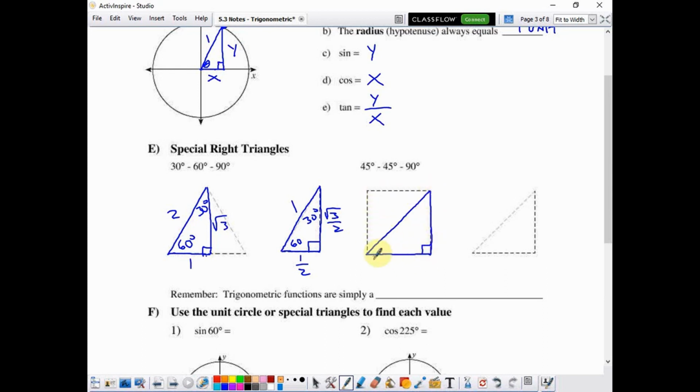Similarly with 45, 45, 90s, a 45, 45, 90 triangle is half of a square. So all the angles are 90 degrees. Cut that in half and I get a couple 45-degree angles. We've learned of that typically as 1, 1, and square root of 2. But if we actually wanted that to fit the unit circle, we would have to have a radius of 1. So the hypotenuse would have to be 1.